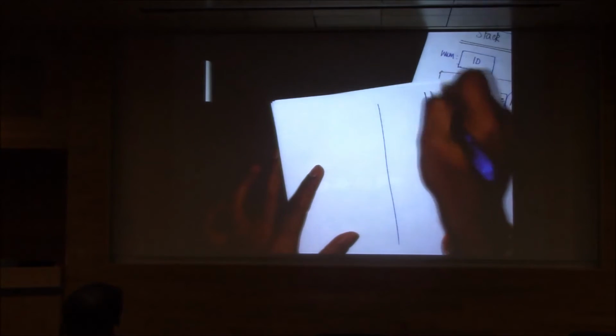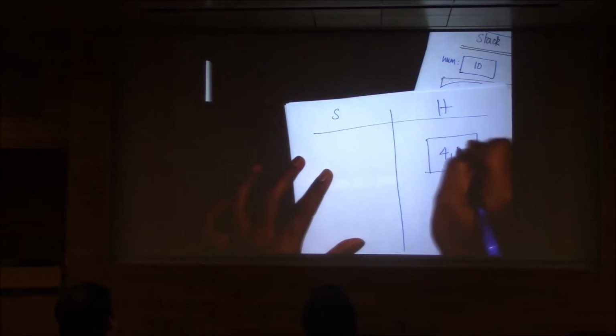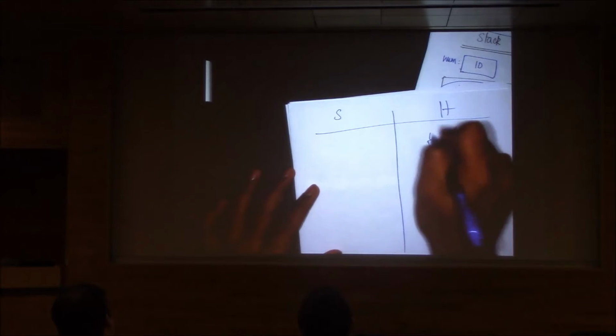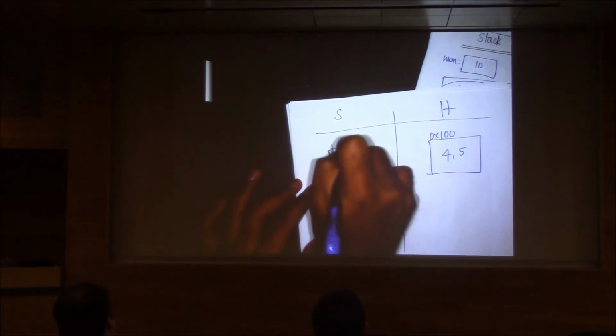So here what we just did is, initially, this is the heap and this is the stack. On the heap you created a point, let's say with 4, 5, and the address of this is, let's say, 0x100. This is stored in the pointer variable ptr pt, okay?